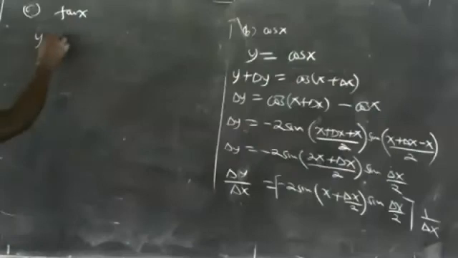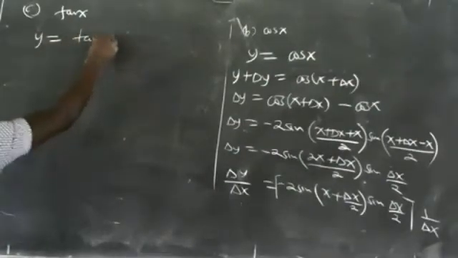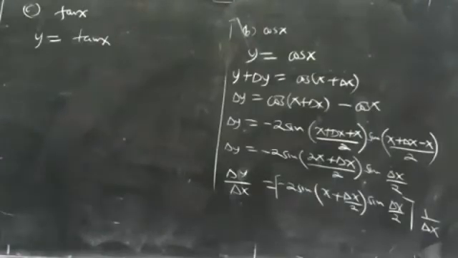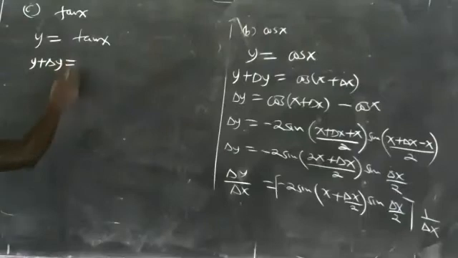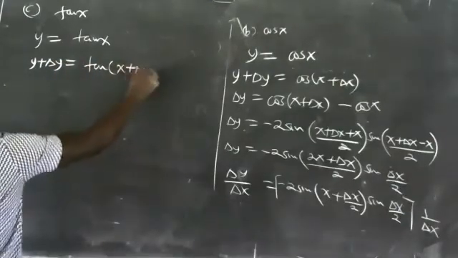Let your y be tan x. This is what you do. Now get y plus change in y equivalent to tan of x, add the increment in x.